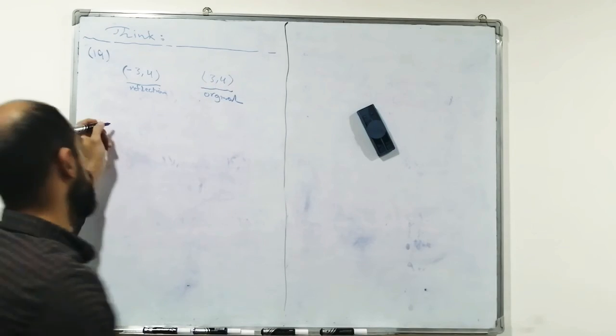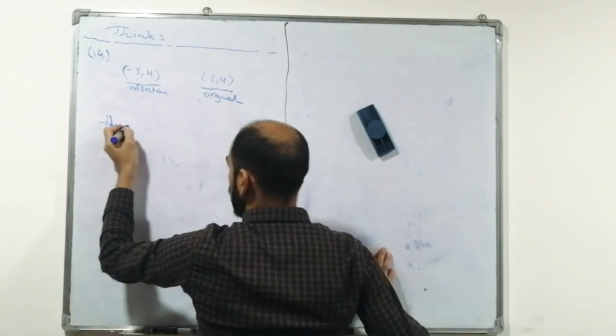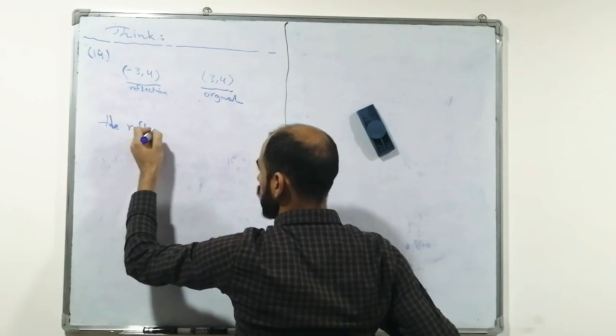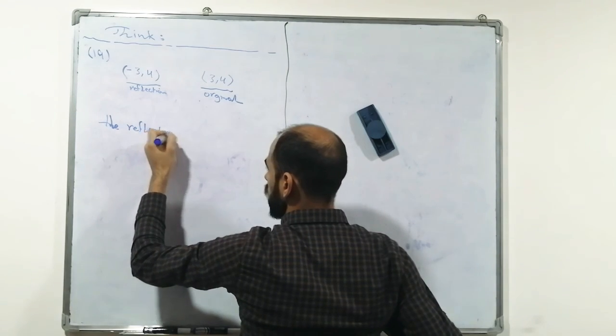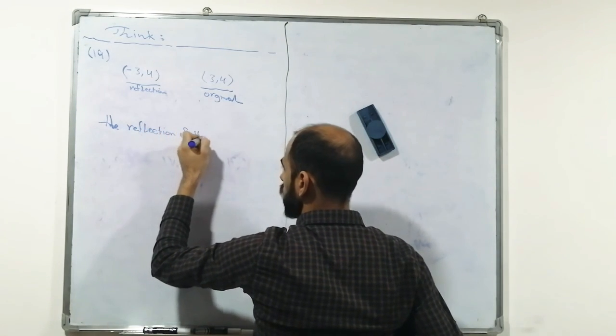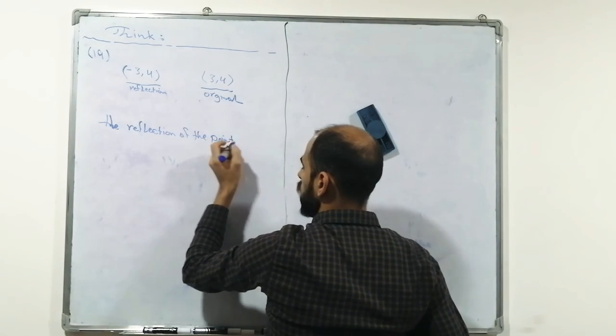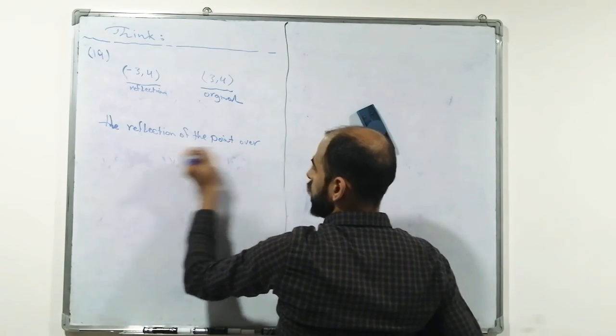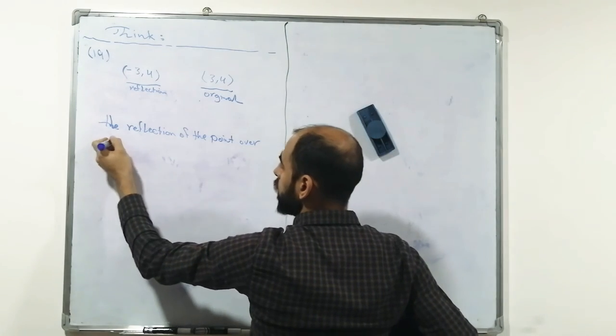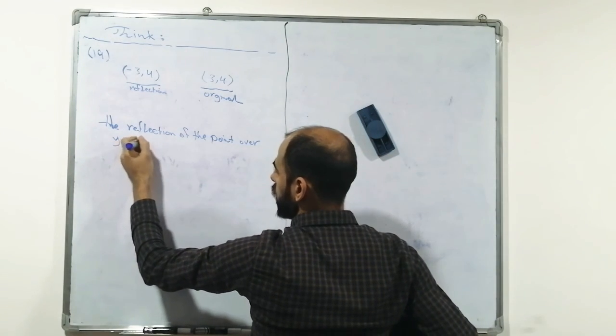Then the reflection of the point is over the y axis. Why?